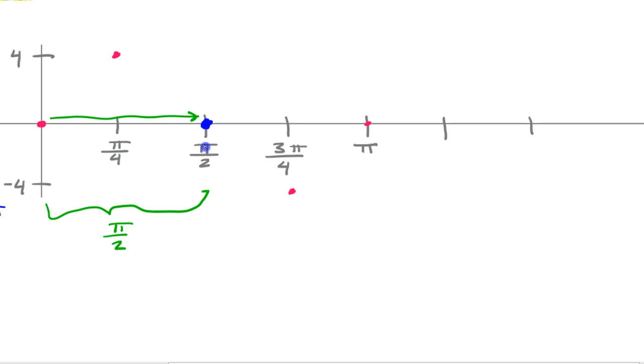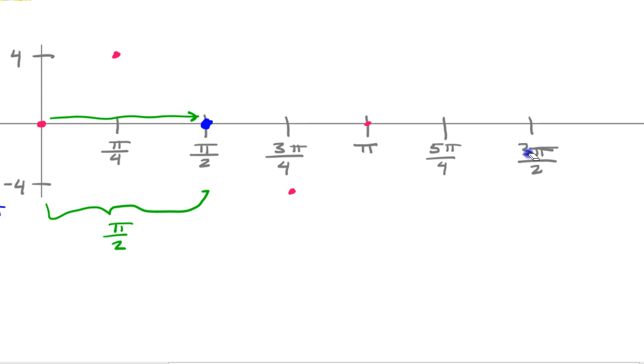This is 1 pi over 4, 2 pi over 4, 3 pi over 4, 4 pi over 4. So this will be 5 pi over 4. And then this one would be 6 pi over 4. But that reduces down to 3 pi over 2. All right, so sometimes you can just count. Sometimes you can't, but we'll see that later.